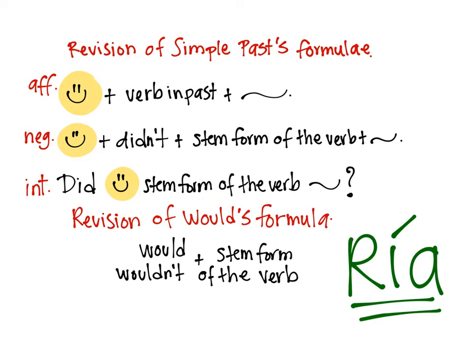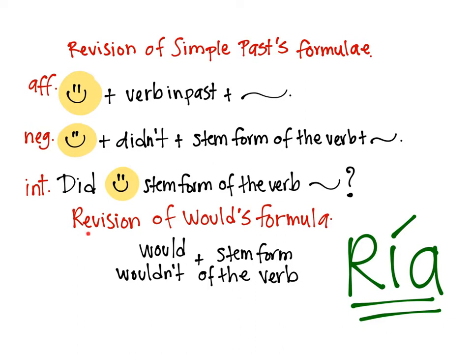This formulae applies to all the verbs, all of them, except the verb to be. Am, is, and are. Remember, am, is, and are is a difficult and different verb because itself has the option to turn itself into affirmative, negative, and interrogative without the usage of any kind of auxiliary. So we're going to check it in a few moments, don't worry.